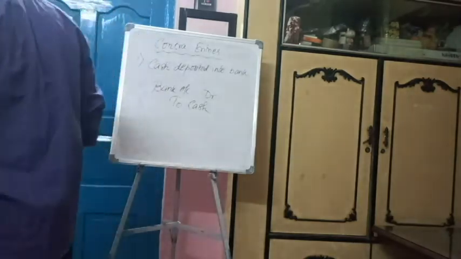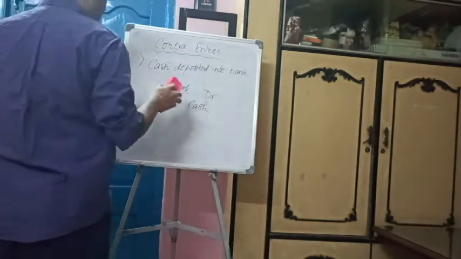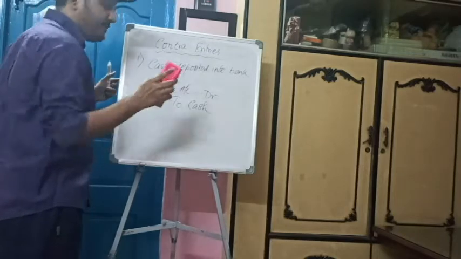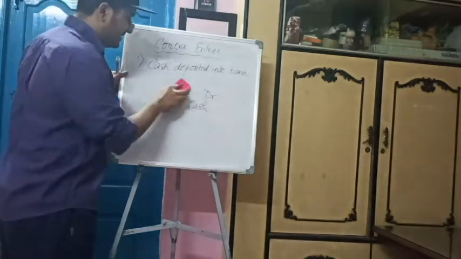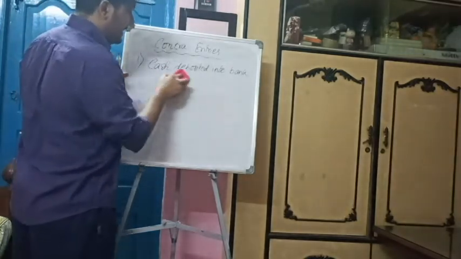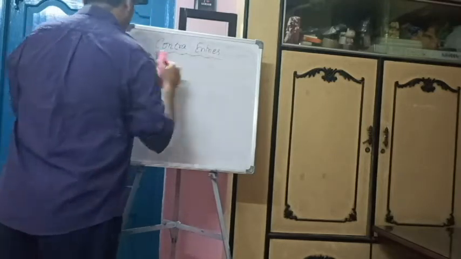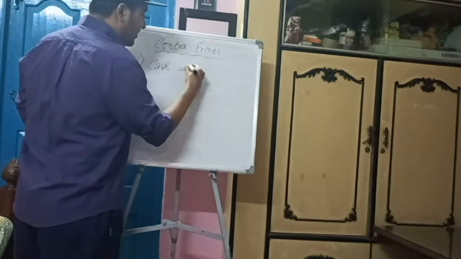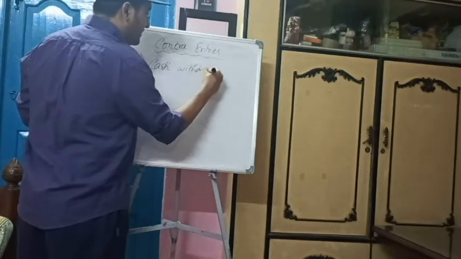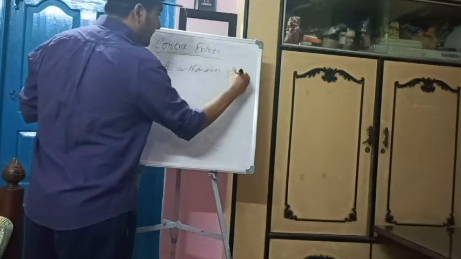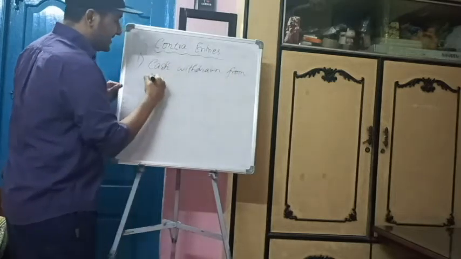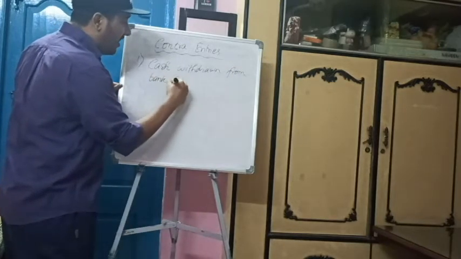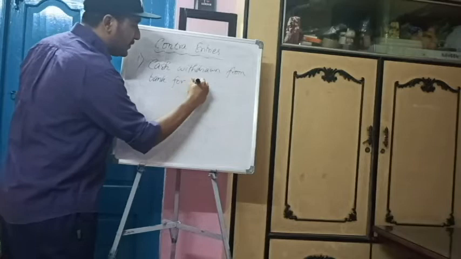Now the reverse entry. Remember this point very carefully. Cash that was deposited into bank, this is cash withdrawn from bank. This word is very important: for office use.